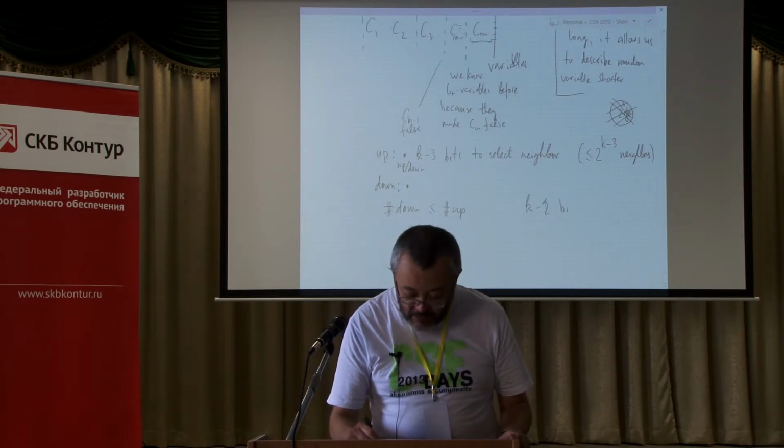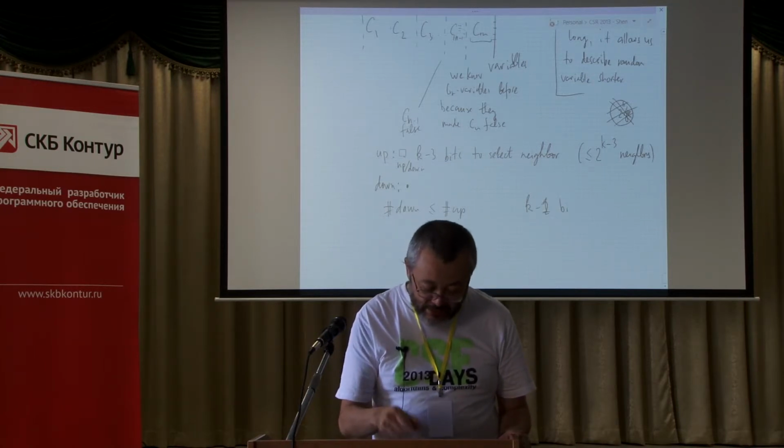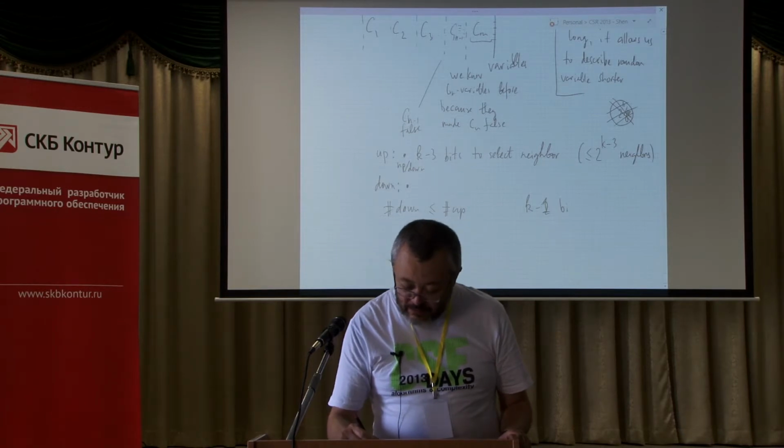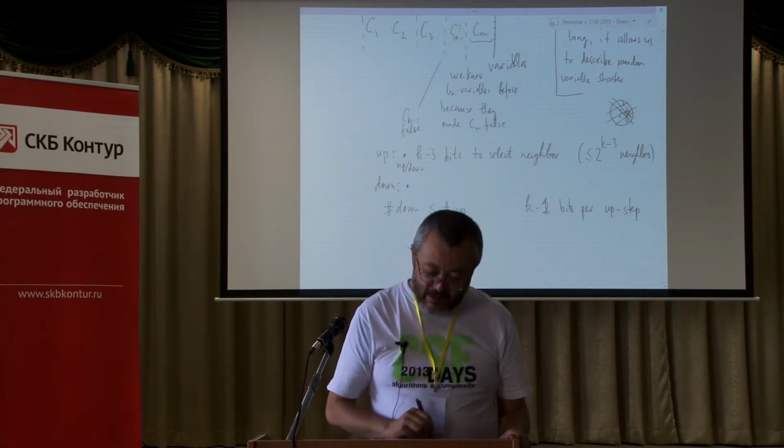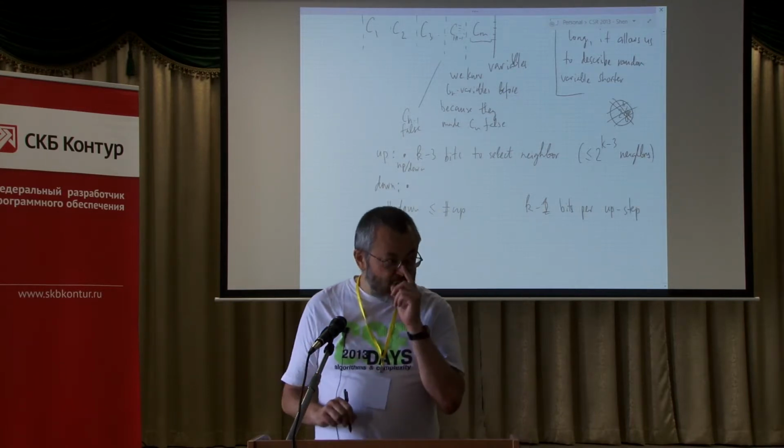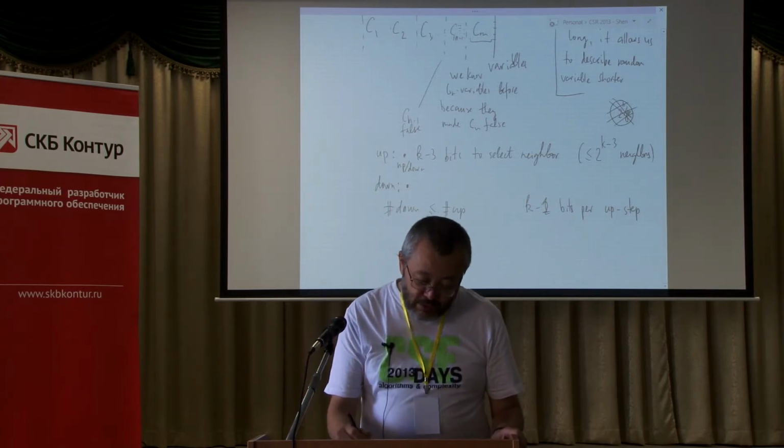K minus 1 bit, sorry, because k minus 3 plus 1 here and plus 1 here bits per up step. And each up step corresponds to one resampling.